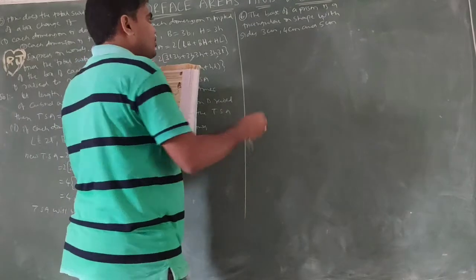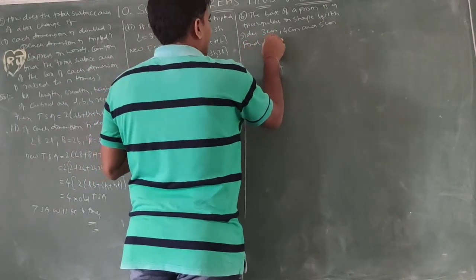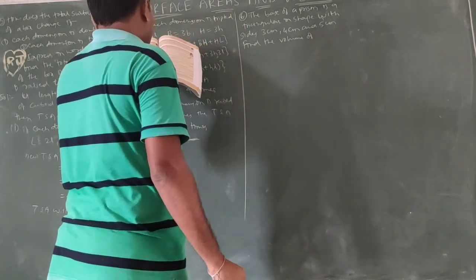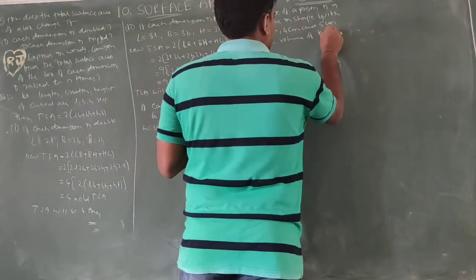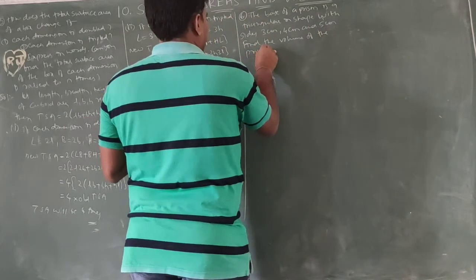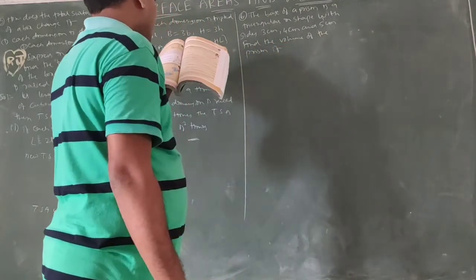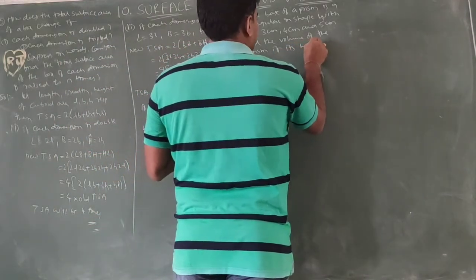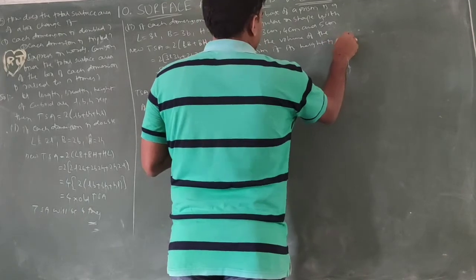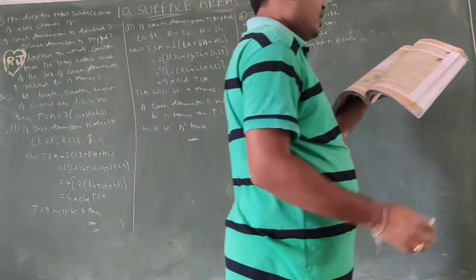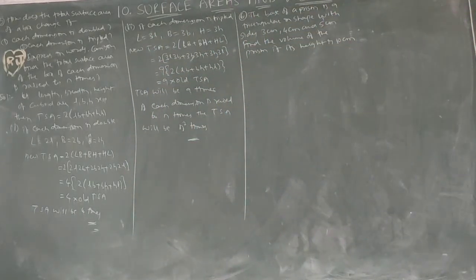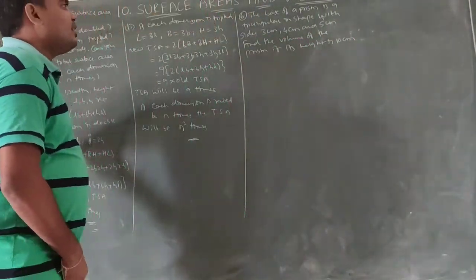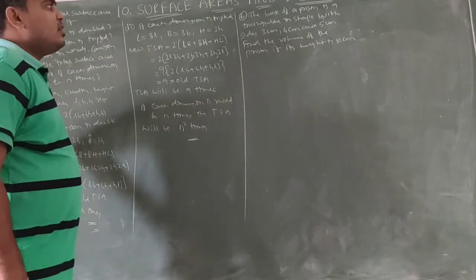Find the volume of the prism if its height is 10 centimeters. So the base of a prism is a right triangle, right? So triangle shape.